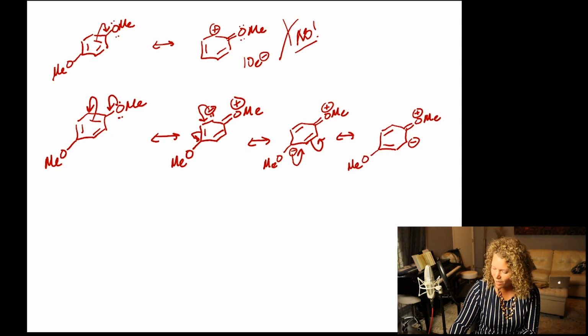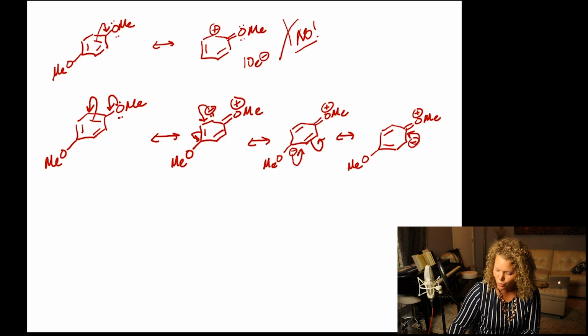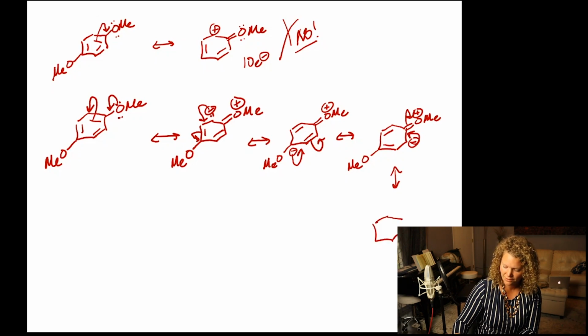Okay, and then we can draw one more to get us back to our major resonance structure, which is the one that was drawn originally. And here it is, fully aromatic, a very happy compound.